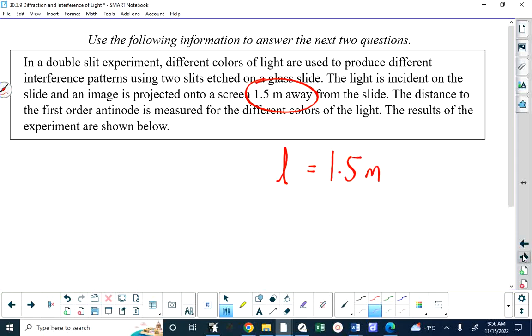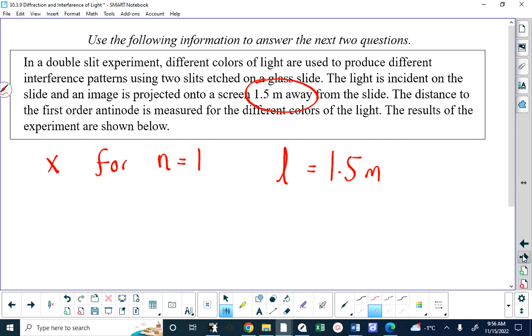That means L is 1.5 meters. And what they do is they measure the distance to the first order antinode. They measure X for n equals 1. Your lab will be more involved than that. I will want more data, and we'll get to that later.